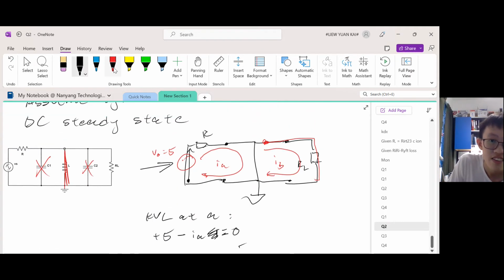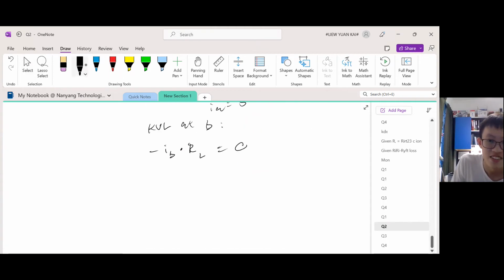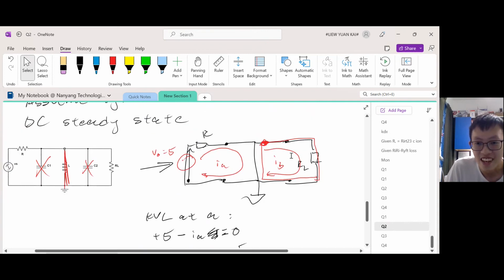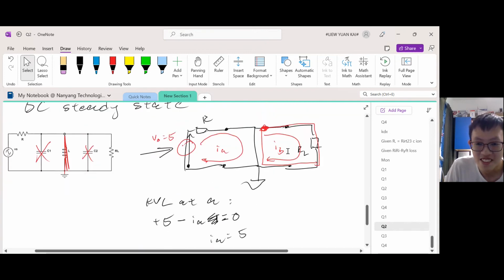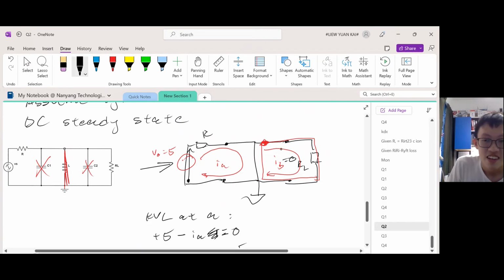After going through IB, there's no device, so we reach the starting point again. So this is 0. RL is something we don't care about. That means IB equals 0. Okay, so yeah, I'm correct. You see, IB is equal to 0.